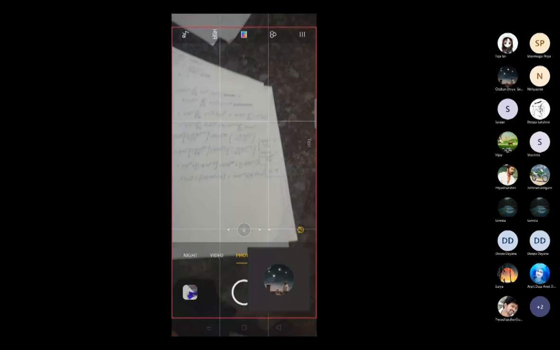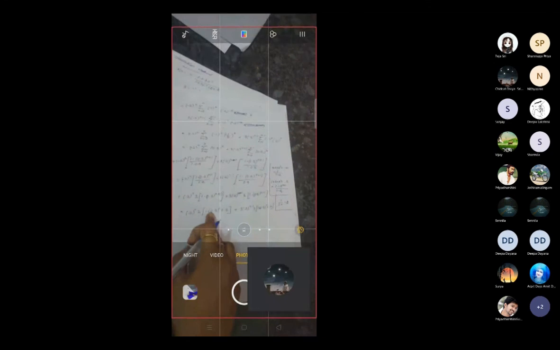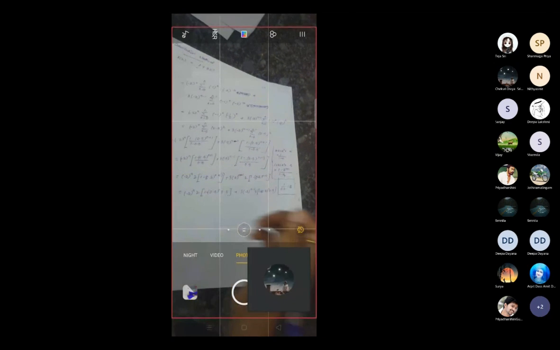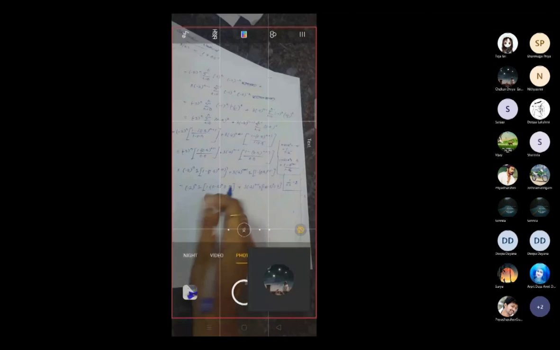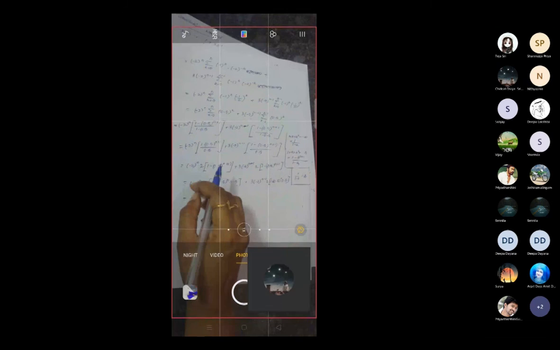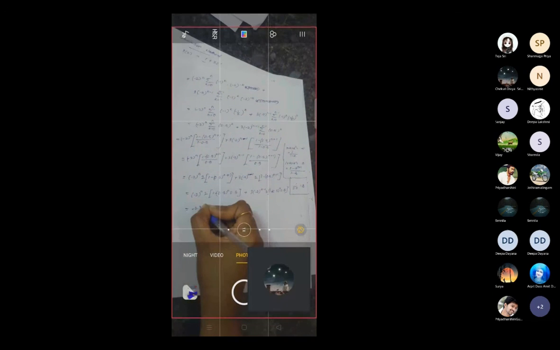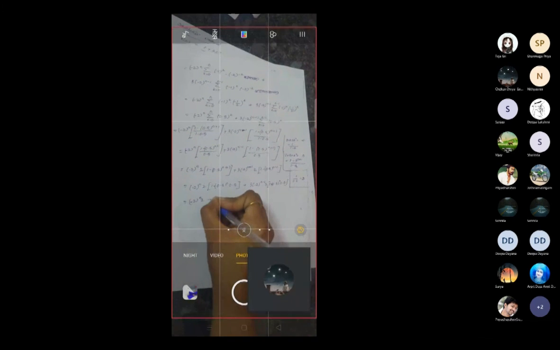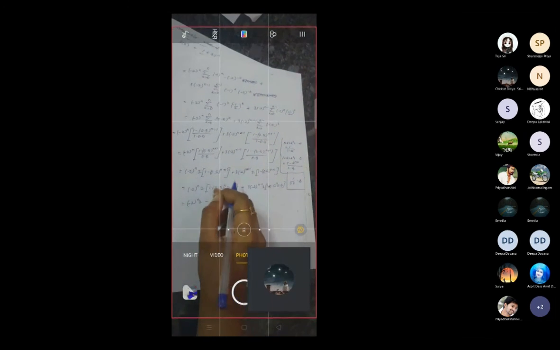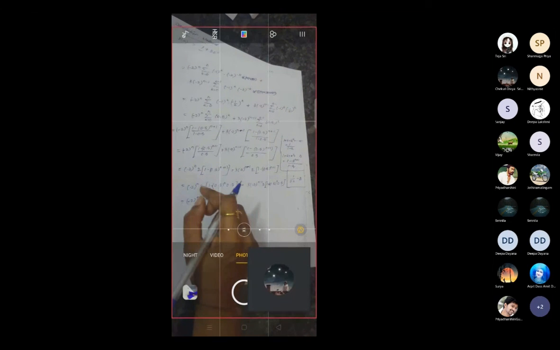Okay. Next, take this 2 inside. This term you should take inside. So if you take this term inside, you will get (-2)^n into 2 minus this and this. You have to multiply power term into power term, this and this.